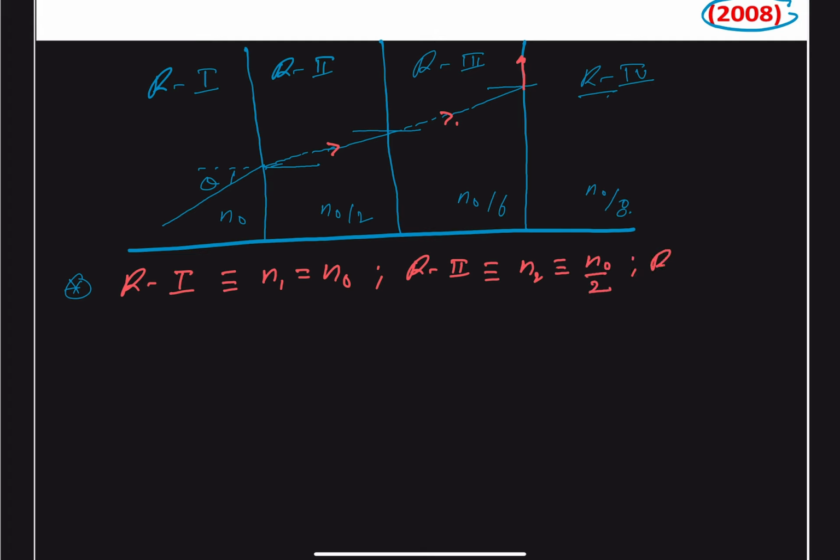We have region 3, which we take as n3, which will be n0 by 6, and finally we have region 4, which is n4, equal to n0 by 8. And we can simply use Snell's law here, and if the incident angle is theta 1 and the refracted angle is theta 2, for the first face let us call this theta 1, and this theta 2.